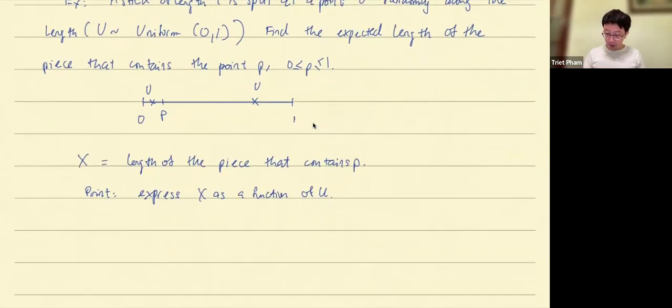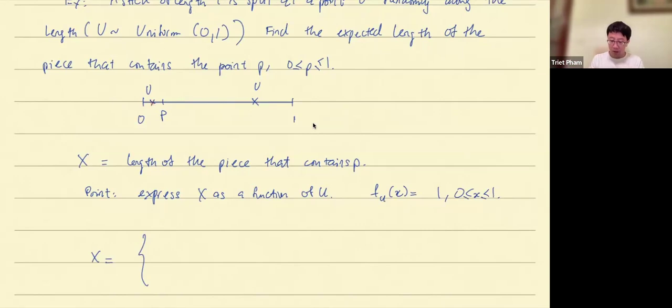By the way, do we know the density of U? Yes, we do, right? It's just going to be 1, like that. So, okay, what would that be? Again, like I said, it might seem a little bit difficult. We just have to think about where can U be.